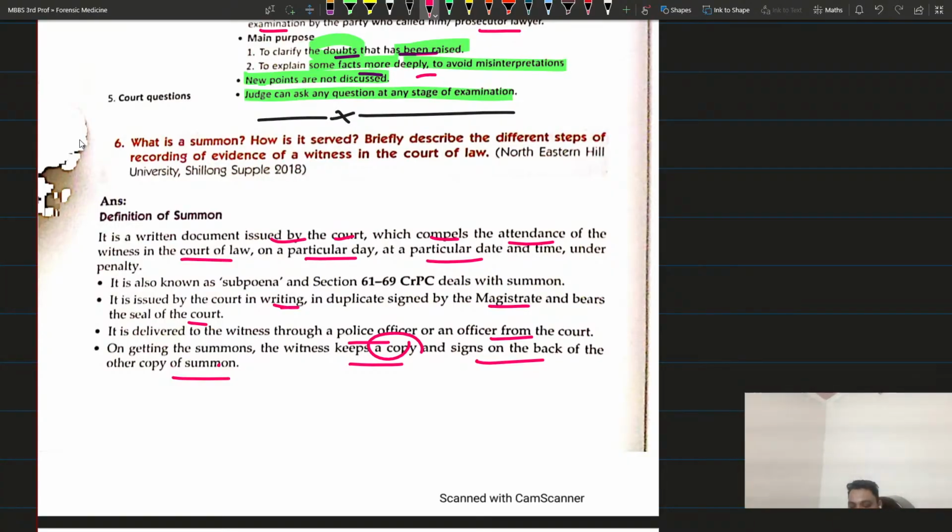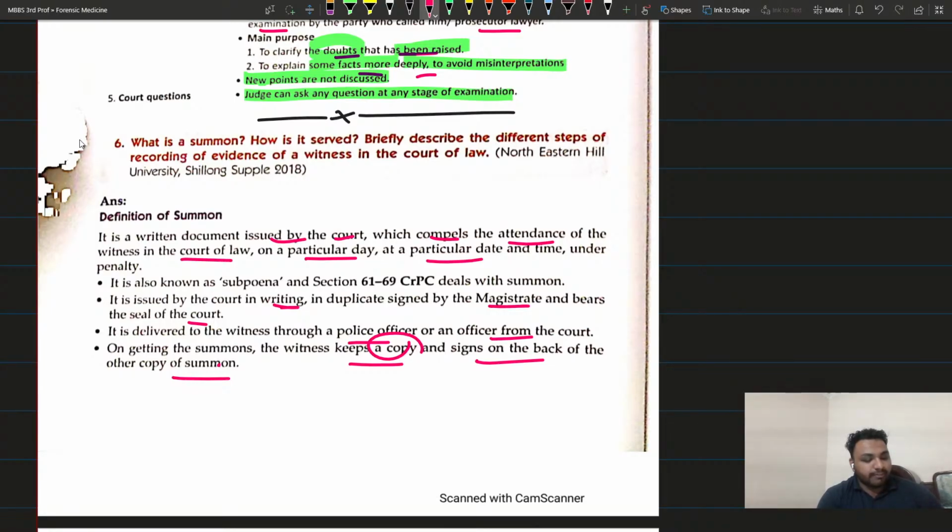If you talk about summons, it's a very important topic, because repeated questions have been asked in your practical examination multiple times by the examiner.